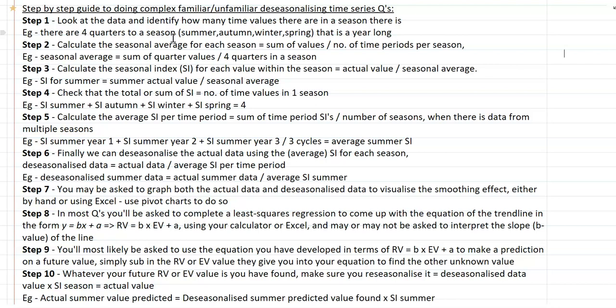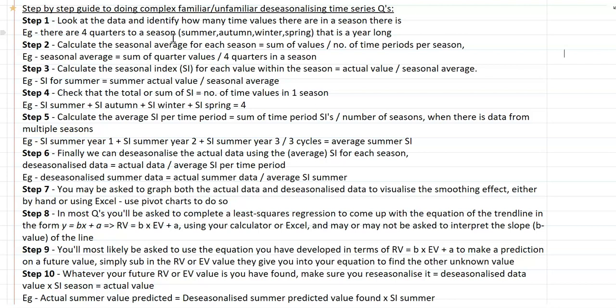From there, you need to calculate the seasonal average for each season. So if there are, say, 3 seasons within the table, for the first season you'll add up the values you're given and divide by the time periods per season.